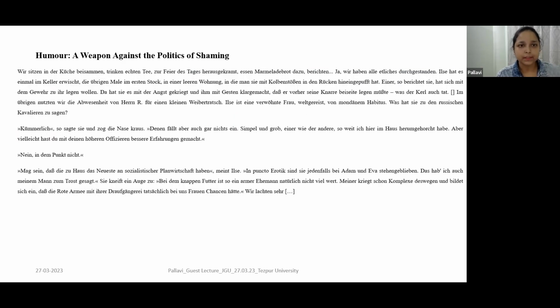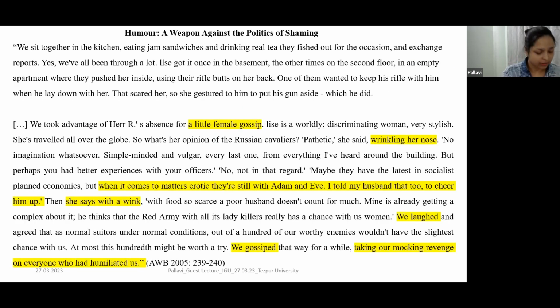The next is also to have humor as a weapon against any kind of humiliation. She uses humor, and there are several passages where women are talking about their experience of violence, and she uses expressions like a little female gossip, or she says with a wink.